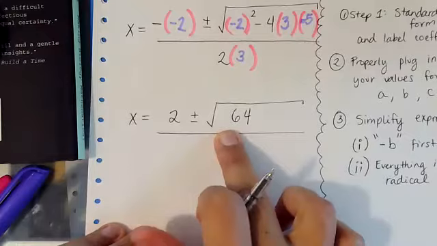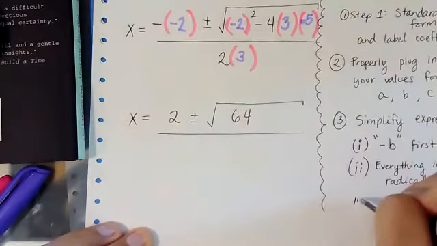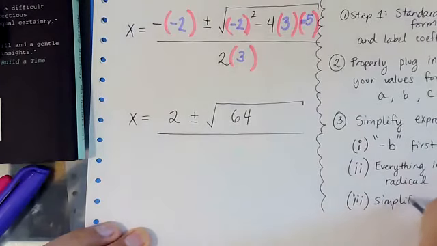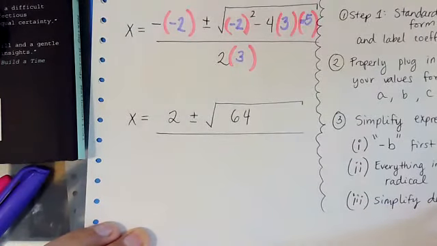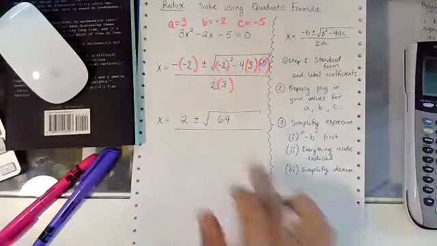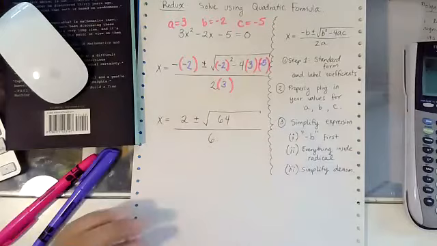So simplify the stuff in the radical, and then the third step is to simplify the denominator. I'll just put denom. Okay, so 2 times 3 is going to be 6.